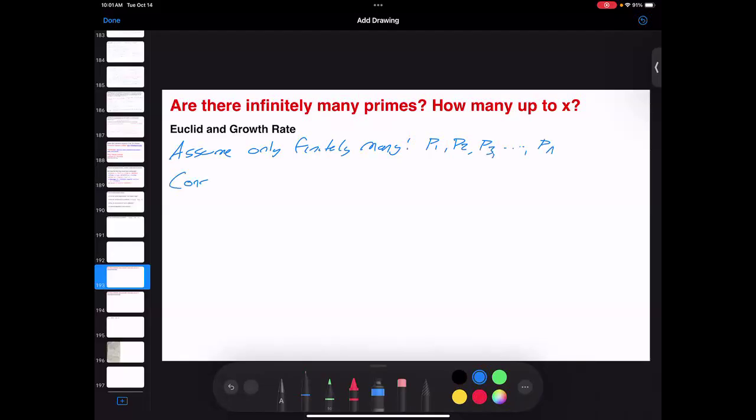And we can consider P1 times P2 ... times Pn plus 1. There are 2 possibilities. Let's call this X. Case 1, X is prime. Case 2, X is not prime.